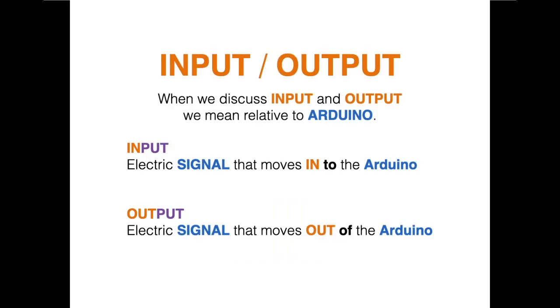Let's look at some of these terms, input and output. Whenever we discuss an input and output, we're always discussing these from the perspective of our Arduino. An input is an electrical signal that moves into the Arduino, and an output is an electrical signal that moves out of the Arduino. And this is going to be a digital output, so we're going to be focused on outputs in this video.